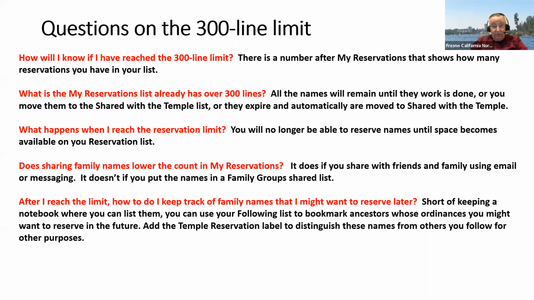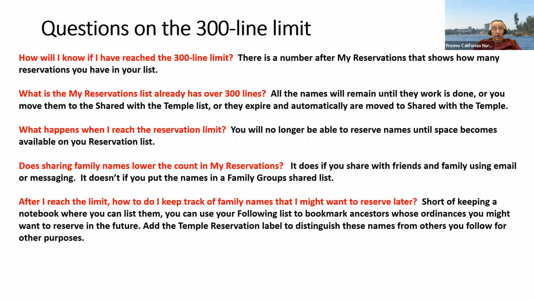And then after I reach the limit, how do I keep track of family names that I might want to reserve later? In other words, you're finding more names now, but you can't reserve them. Put their IDs in a notebook or possibly another system that you can use, the system in FamilySearch, and click following on each of these people.